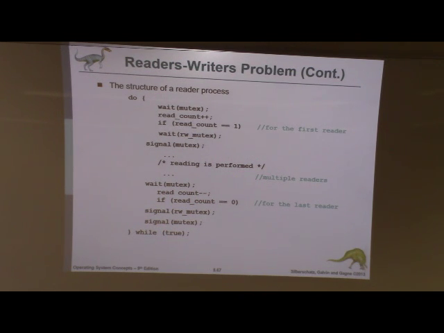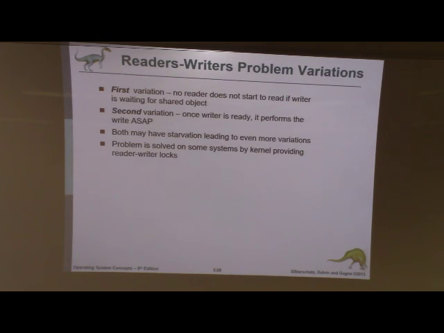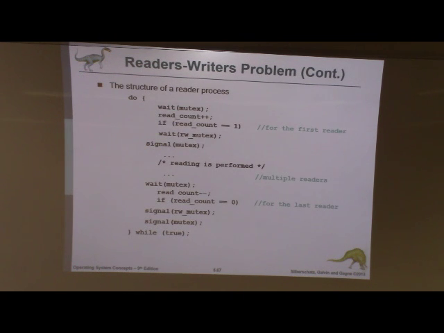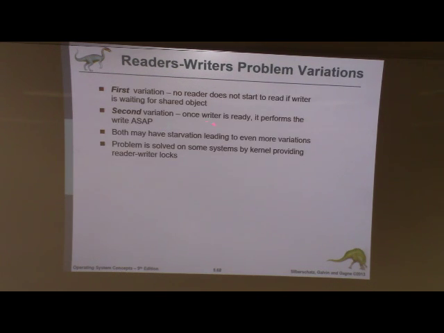However, in general, in a database, for example, the reader cannot block writing. If that is the policy, like this second variation, once the writer is ready, it should be performed right away. Then the algorithm may change, but I think you can modify the critical section solution to satisfy this.